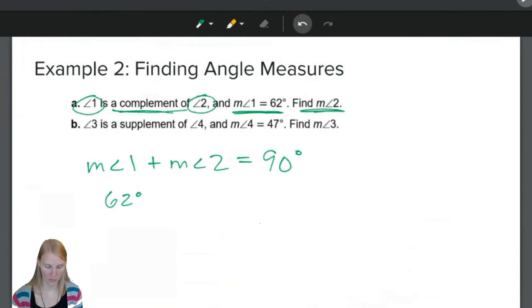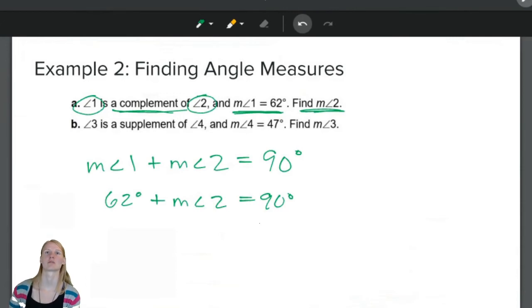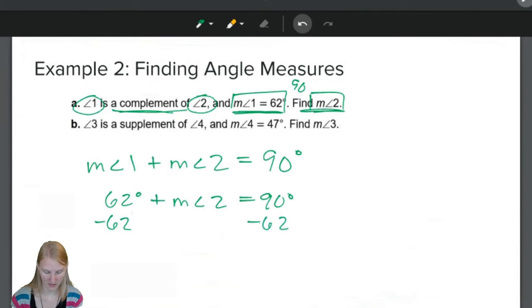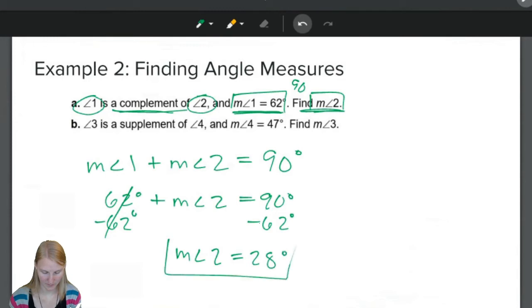Well, we know 62 degrees plus the measure of angle 2 has to equal 90 degrees. Measure of angle 1 and angle 2 must equal 90. And if angle 1 is 62, all we need to do is 90 minus 62 degrees, which, I know this in my head, is 28 degrees.